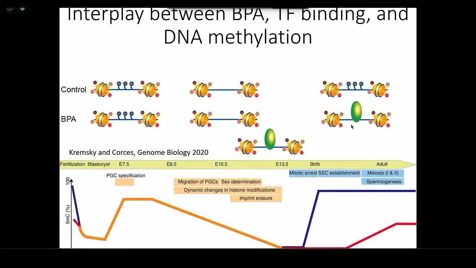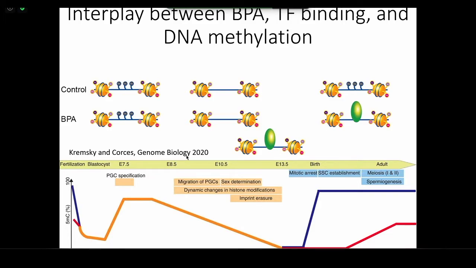And then when remethylation takes place, those transcription factors will protect the DNA from remethylation at that specific site where the transcription factor is binding.